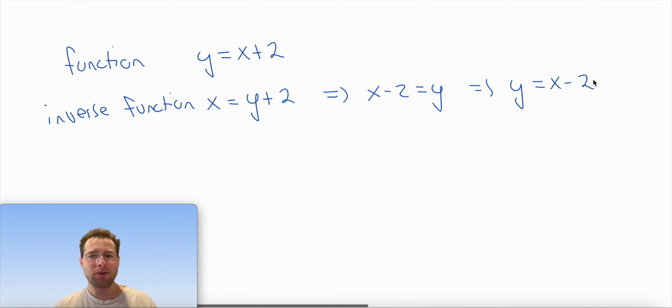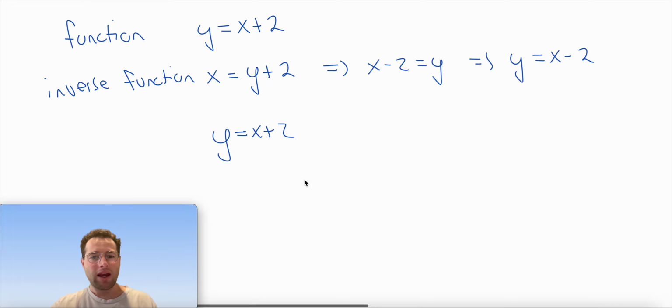And let's go ahead and check this one just to show that it actually is the inverse function, using the definition of an inverse function, which is the one involving the composition of functions. So if we write our original function, y equals x plus 2, let's instead write this as f of x equals x plus 2.